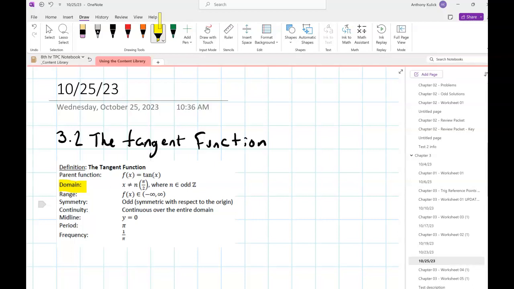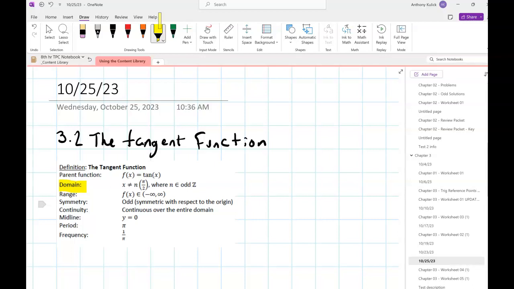Another place where we have a difference is the range. Remember, the range for sine and cosine was bounded between negative 1 and positive 1. Here, the range of tangent is all real numbers. What that means is there is no maximum value, because the graph is going to be pointing up forever, and there's no minimum value because the graph will be pointing down forever.